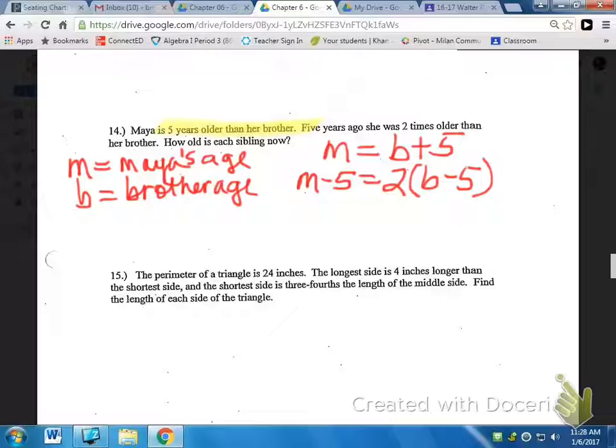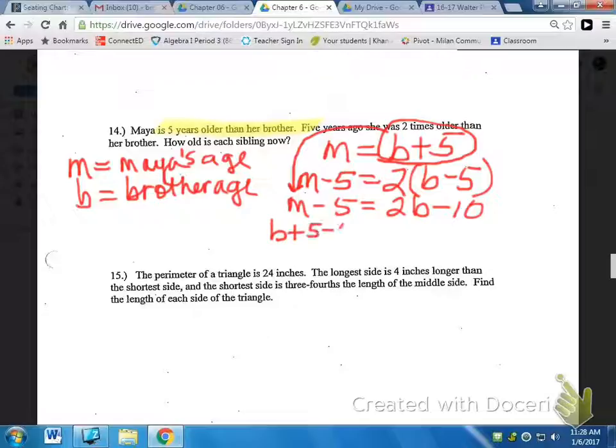So now here's what I'm going to do. I'm going to go ahead and solve this. So M minus 5 equals 2B minus 10. And I'm going to use substitution with this. I'm going to take the fact that M equals B plus 5 and plug that in right here for M. So B plus 5 minus 5 equals 2B minus 10.